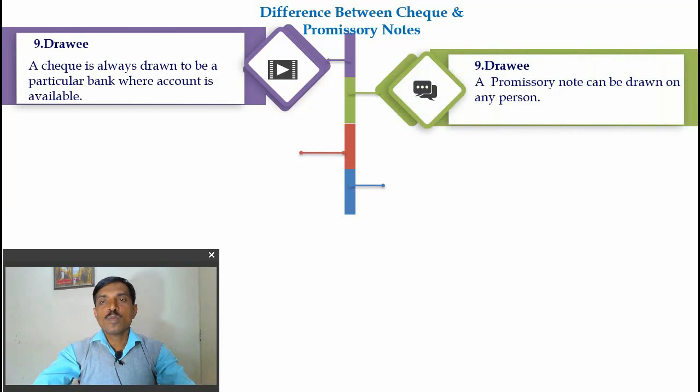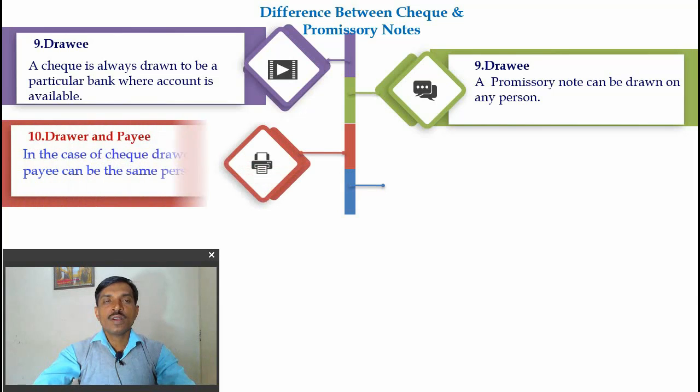So a promissory note can be drawn on any person, but for the check, the banker is the only drawee. So every check is drawn on a banker or bank. In the case of the promissory note, any person can become a drawee.